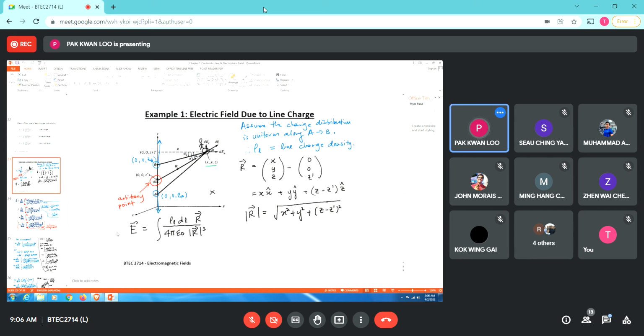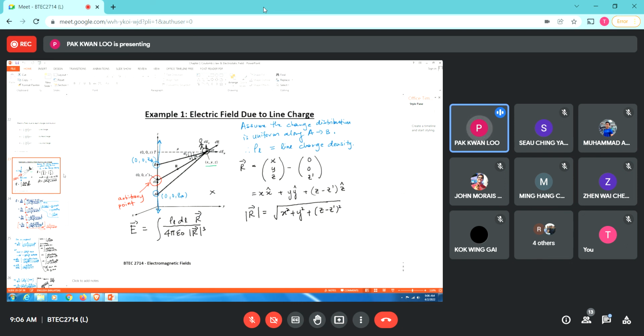If we look at this carefully, we are treating the line charge as continuous discrete point charges along the line, right?